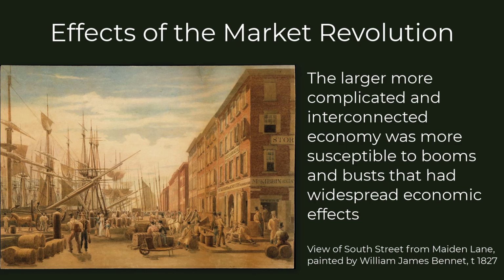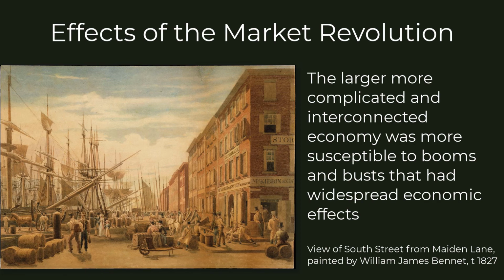And prior to the market revolution, if there had been a depression and, let's say the price of wheat, that would only affect one aspect of the economy. But now that everybody is connected, a glut in the prices of wheat means that the people who are growing wheat no longer have the money that they would need to buy other things from different parts of the economy, and that spreads the depression into those parts of the economy as well.